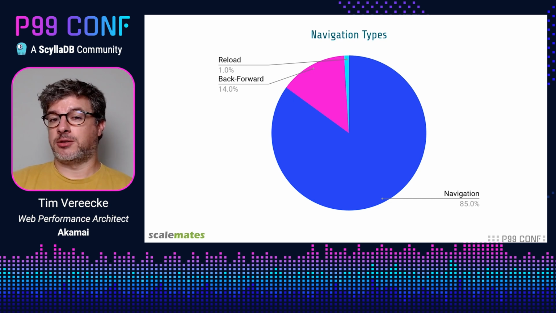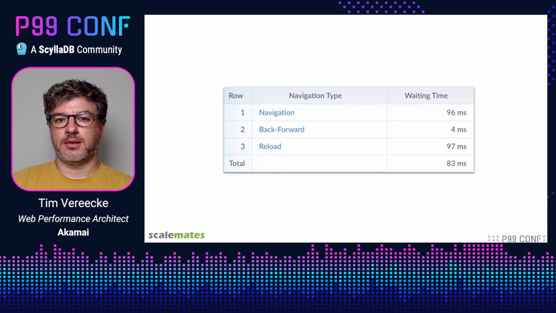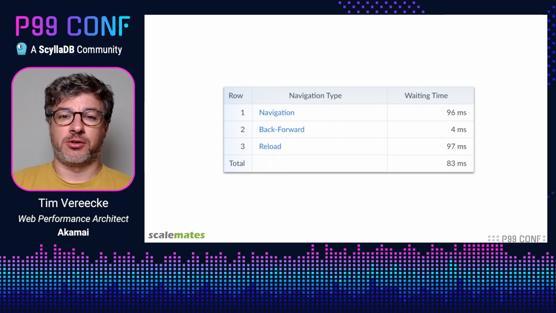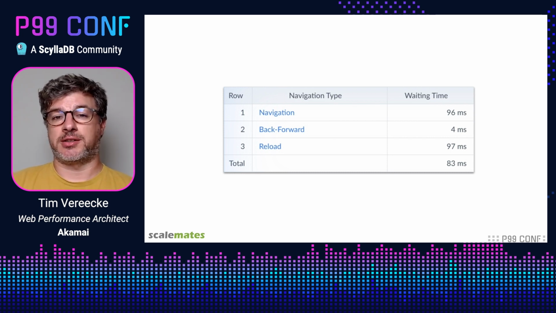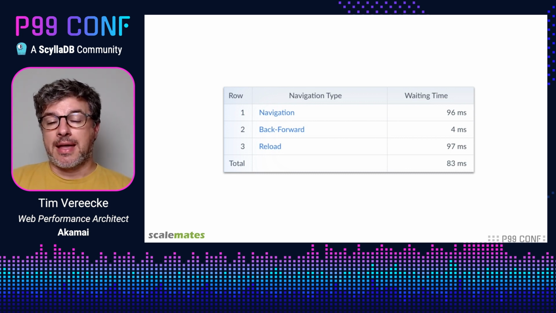On the next slide, you will instantly see why. Here you see the waiting time. So this is your time to first byte without DNS, TCP, SSL overhead, redirects, just the plain GET request, server think time, and then getting your first bytes back. What do you see? That the back forward navigations are a lot faster than the actual navigations.